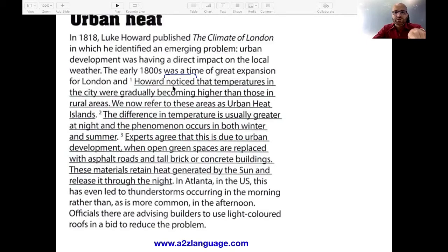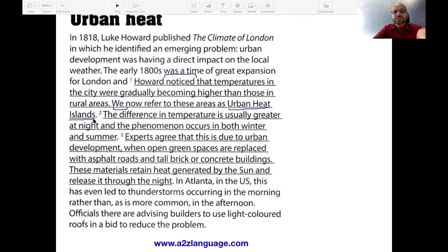Howard noticed the temperatures in the city were gradually becoming higher than those in the rural areas. We now refer to these areas as urban heat island. Now, he noticed, he did not invent this phenomenon, and then we now refer to these areas as urban heat island. It's we, a plural noun, not Howard, who give the term.